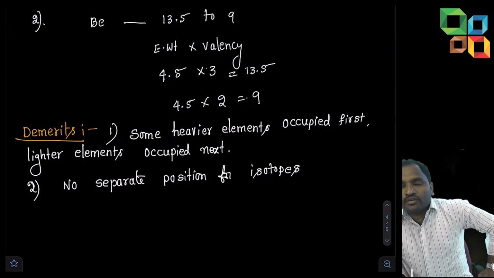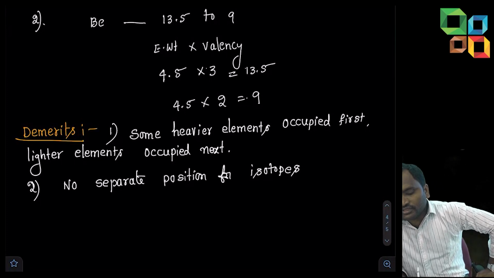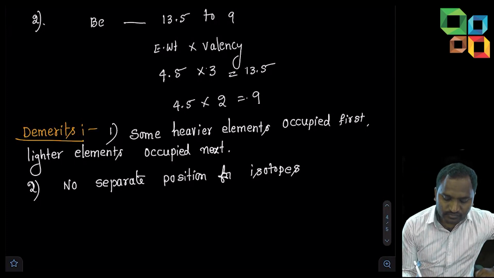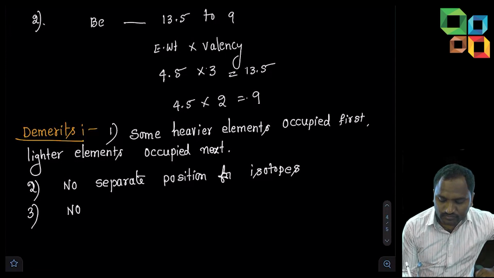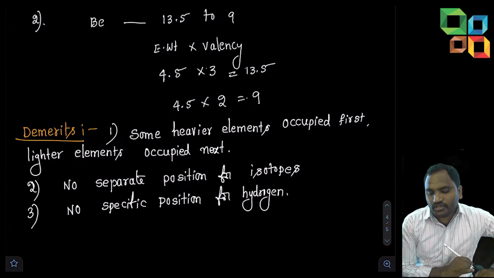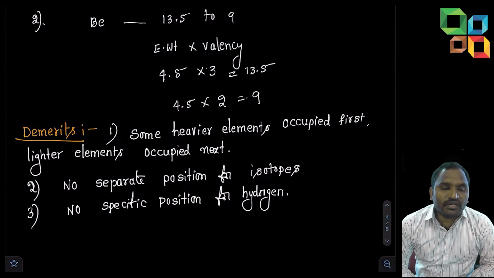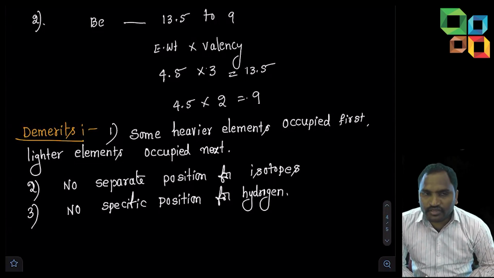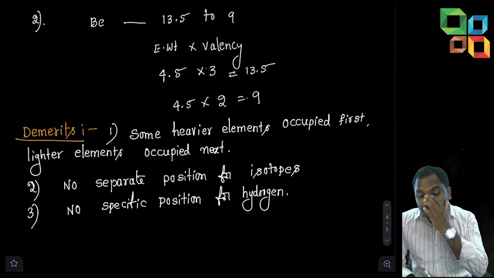So hydrogen's position is not fixed, no specific position for hydrogen. These are the main drawbacks of Mendeleev's periodic table.